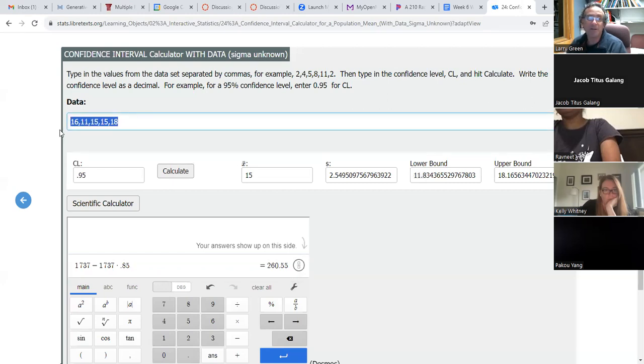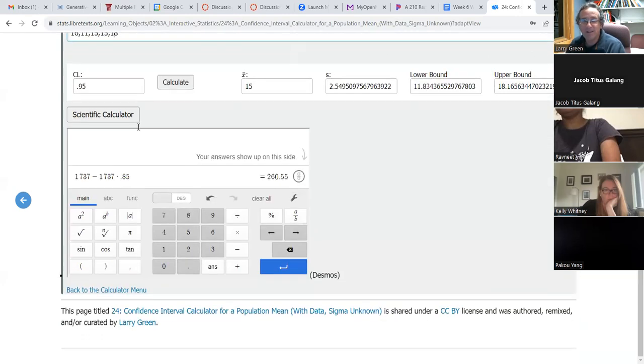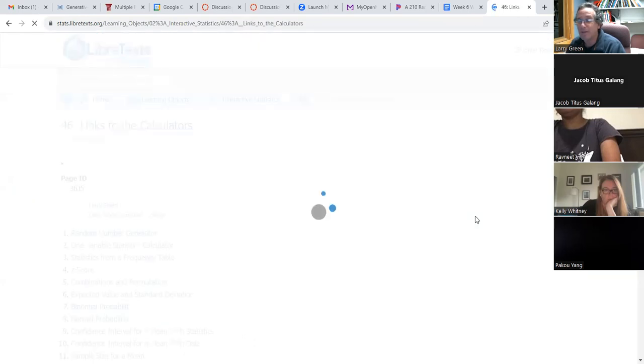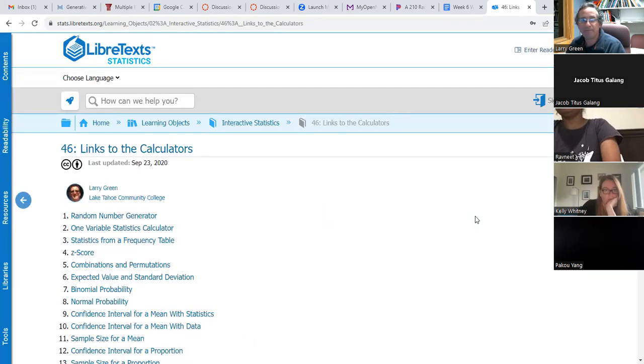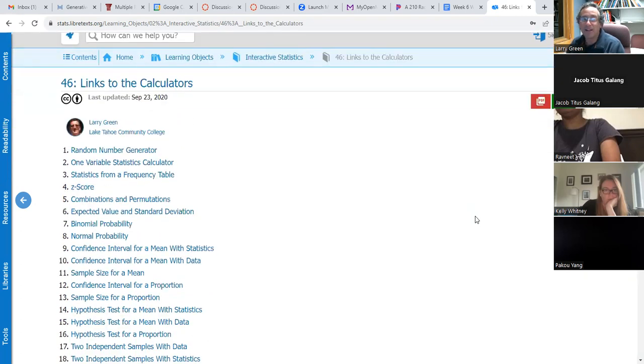We're not going to be able to put in data separated by commas. So what I need to do is go back to the calculator menu. And now, which calculator should I use? Yeah, confidence interval for proportion.